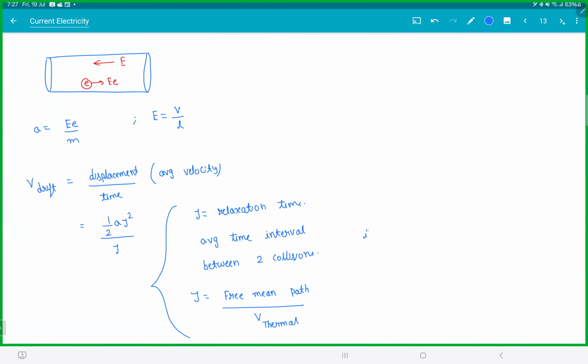So here you can clearly see if temperature increases, V thermal increases, and therefore tau decreases. Basically, they'll start colliding more and more. So this thing comes out to be A tau by 2.